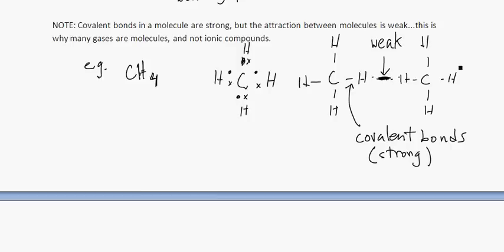And if you were to compare this to an ionic compound, you'll see why ionic compounds are usually solids at room temperature. It's because, well, in these ones, there's no ions. There's no charge that is going to attract one molecule to the other.